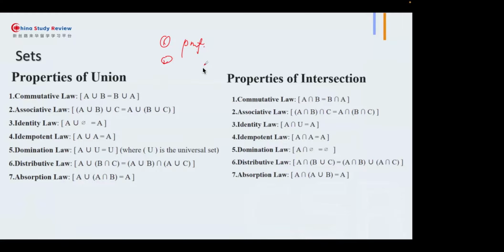And secondly, you could combine those laws, for example, commutative, associative, identity, you could use these kinds of things, this kind of combination of laws with examples. And you don't need to memorize those difficult points. You just need to use them with your formula and try to solve questions with examples, okay?